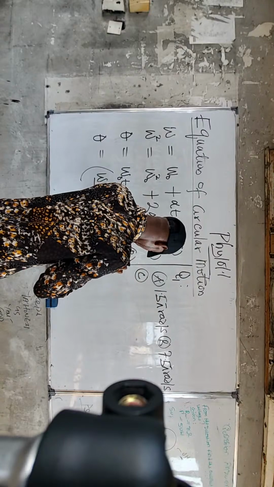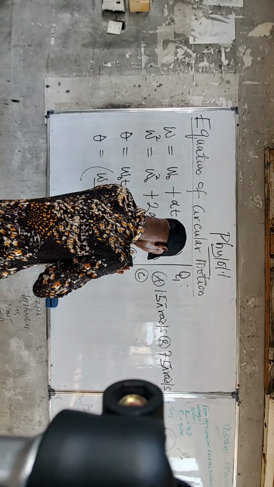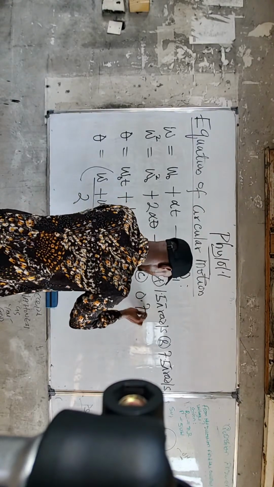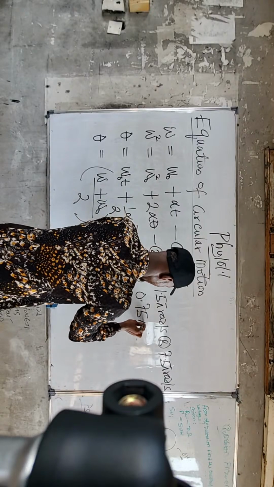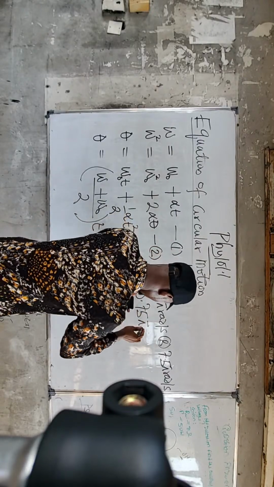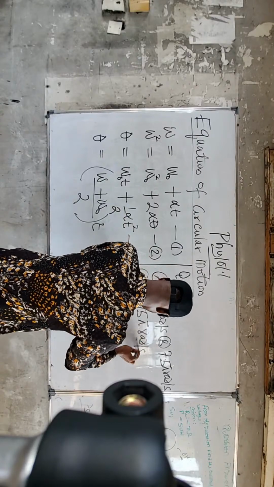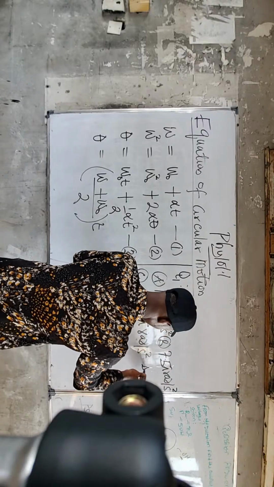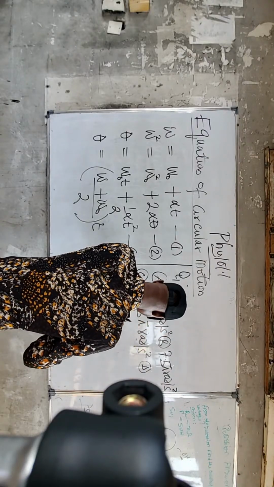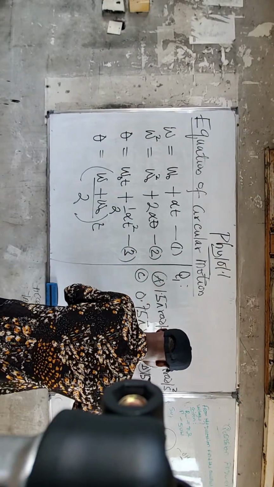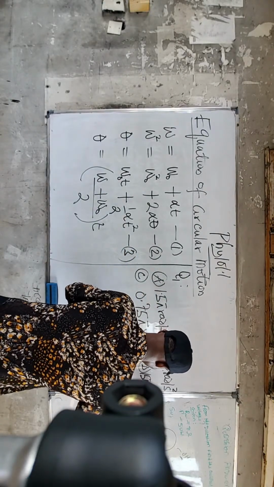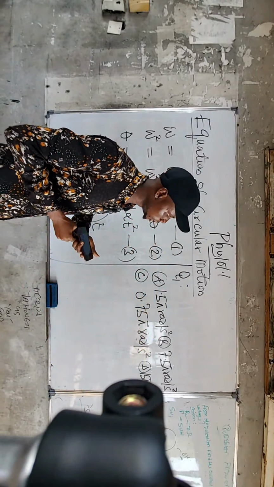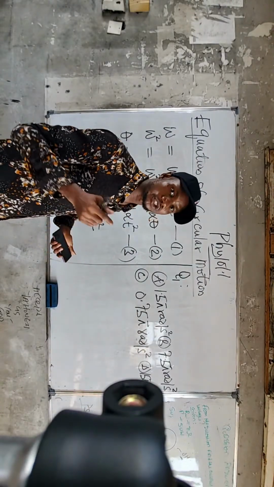C, 0.75 pi rad per second square. Please put square here. I'm sorry. D, 15 pi rad per second square. Please take note. In solving any question in physics, we first of all understand the equation before we solve.